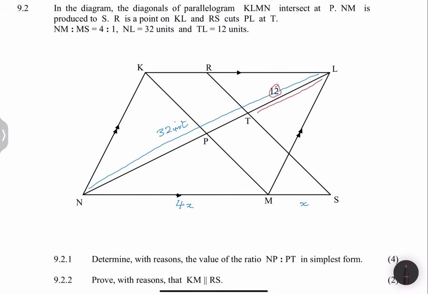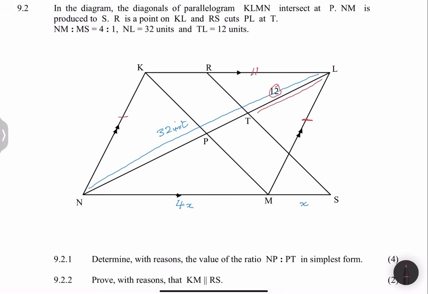Now, something about parallelograms we need to always keep in mind. They told us that the diagonals intersect at point P. So first thing, what do we know about parallelograms? We know that opposite sides are equal, so this side is equal to that side.